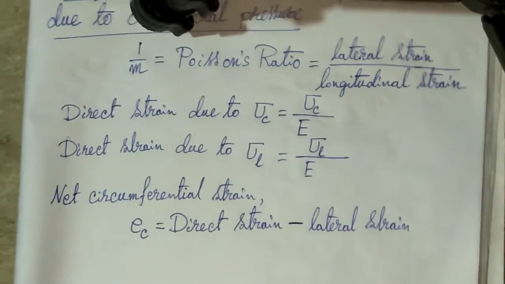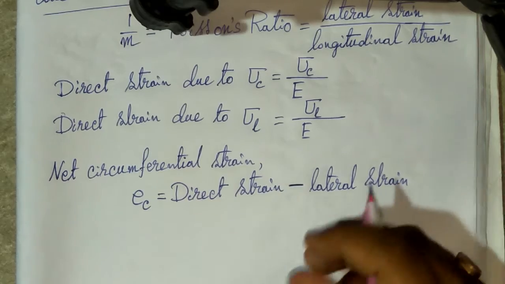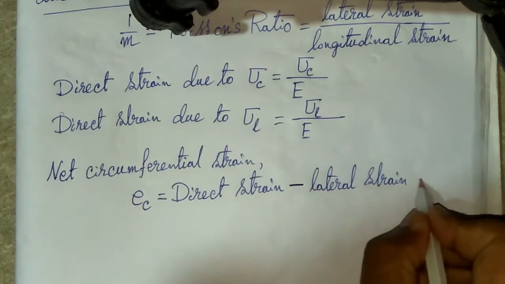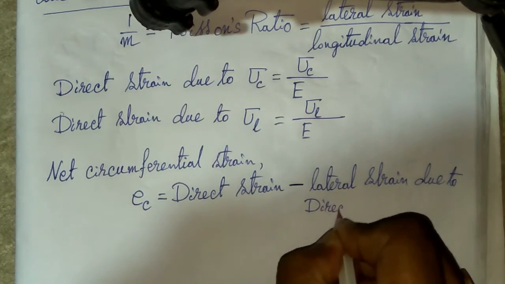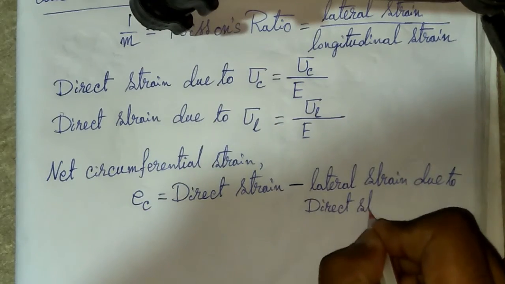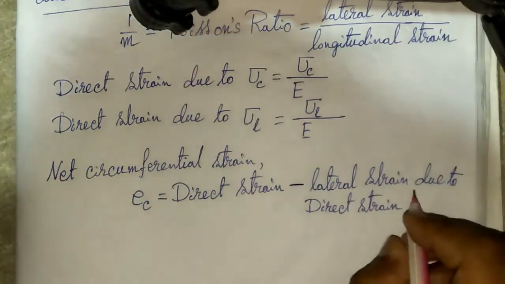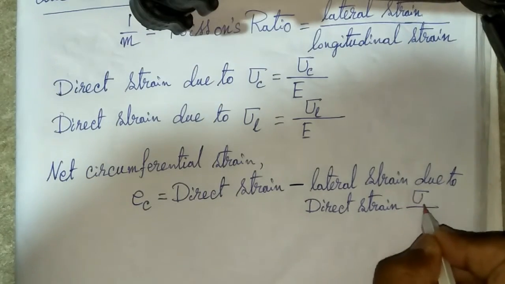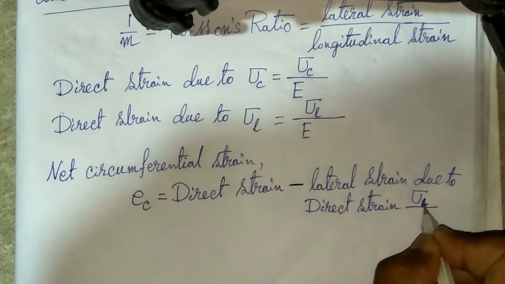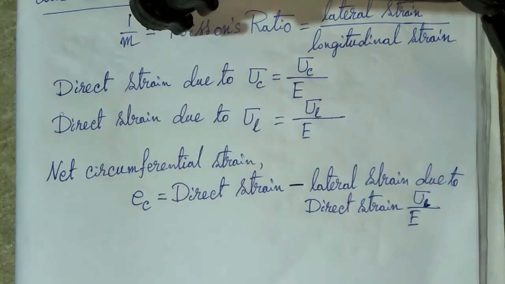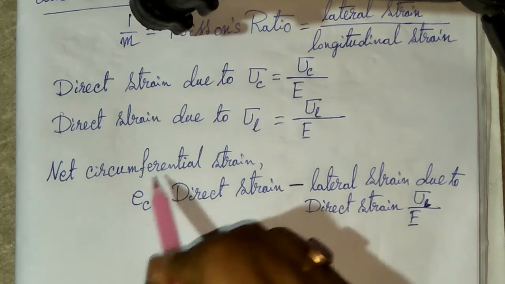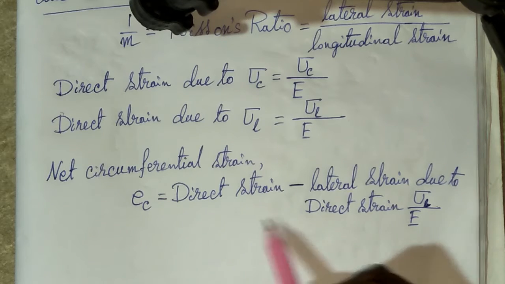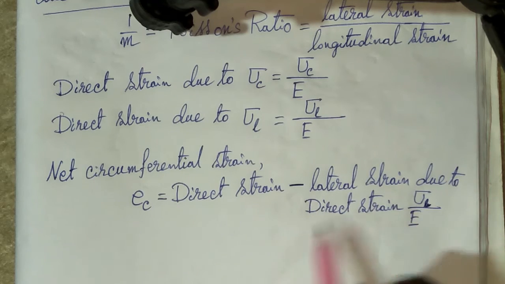The lateral strain due to the direct strain sigma L is sigma L by E. The net circumferential strain is nothing but the direct strain minus the lateral strain due to the direct strain sigma L by E.